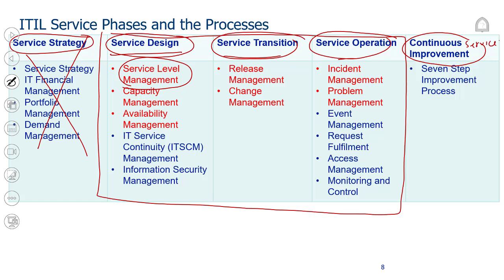So for example, in service level management, you need to come up with what are called SLAs, service level agreements. This is an agreement between the IT and the business with regard to how long some things should take when they want them to be done.